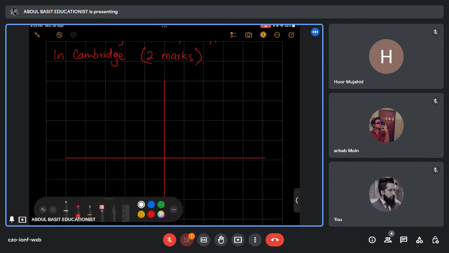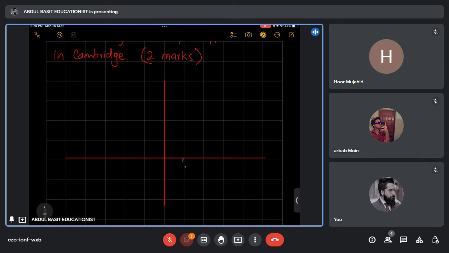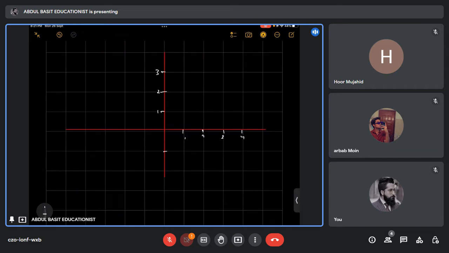Now let me write the coordinates: 1, 2, 3, 4, and minus 1, minus 2, minus 3, minus 4.